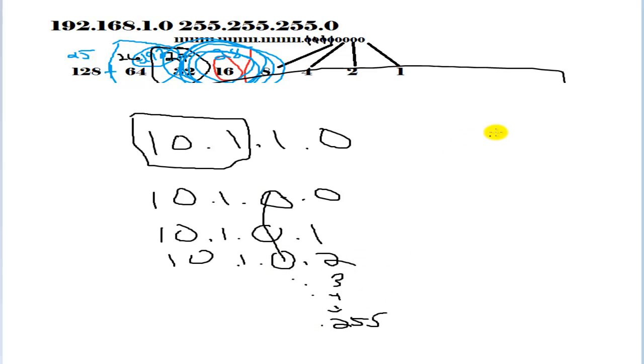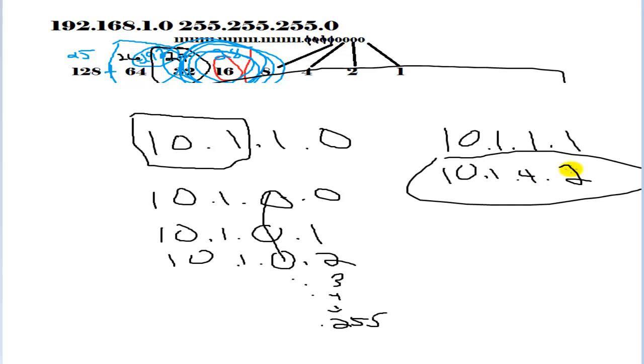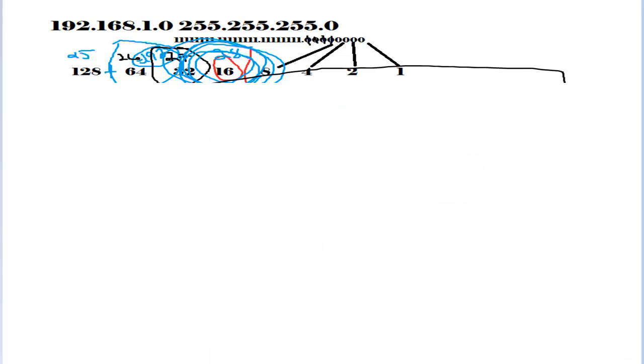So your next network would be 10.1.1.1, 10.1.1.2, until this reached 4, and that would indicate your network going up by 4, and that would be the next network, 4.0, and then it would start all over again. So it just means you have a lot more hosts. That's all it really means, but you can still use the same setup.